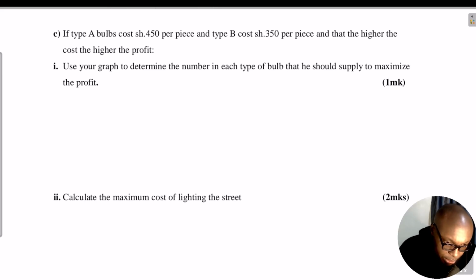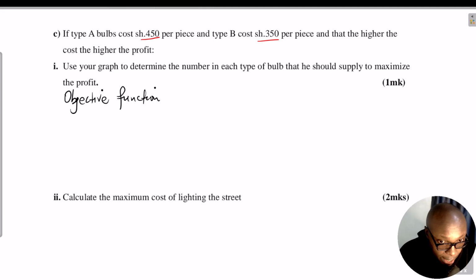And this is how we maximize. We need first to get the objective function, which is what you're going to use to maximize. Where do we get the objective function? From the statement here. Type A bulbs each cost 450, and there are x bulbs of type A. So the profit will be 450 multiplied by the number of type A bulbs, that is x.